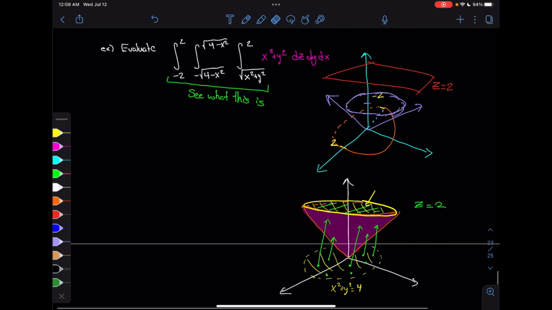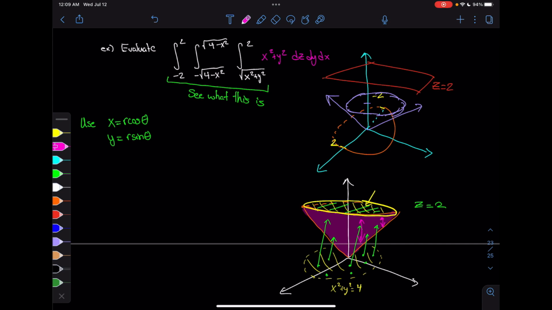And I know for a fact that I want to use x is equal to r cosine theta and y is equal to r sine theta, because my z value is just going to be any z that goes from this cone up to the lid, to z is equal to 2.